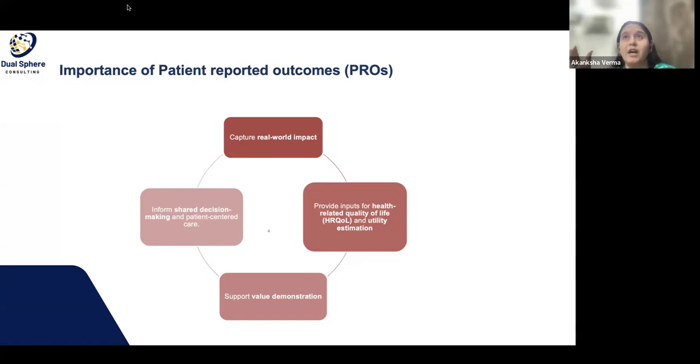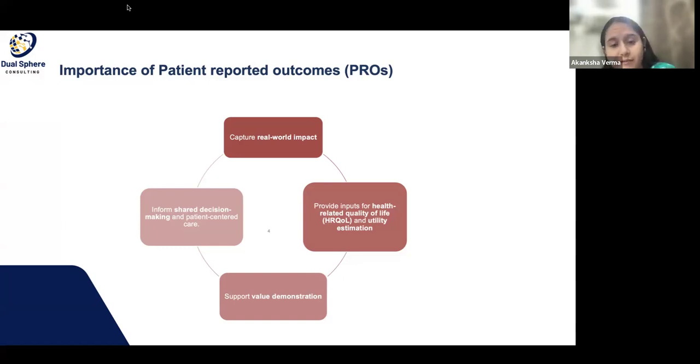When breaking down the cost effectiveness analysis, there are two parts: one is the cost and the other is the effectiveness. The effectiveness measure, the quality of life part of it, comes from here.